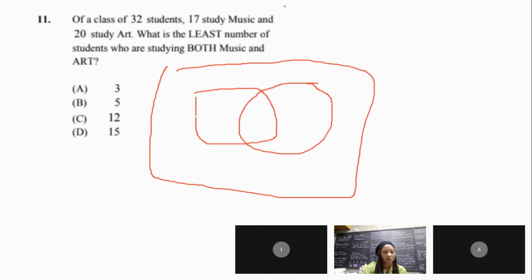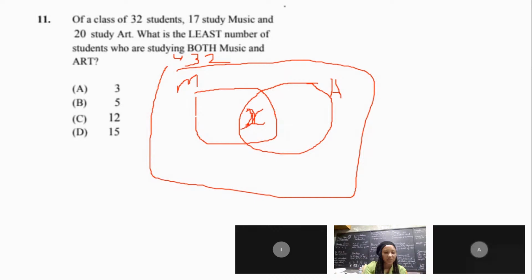We can name the first one music and the other one art. 17 study music. The intersection we can call X, which is what we want.